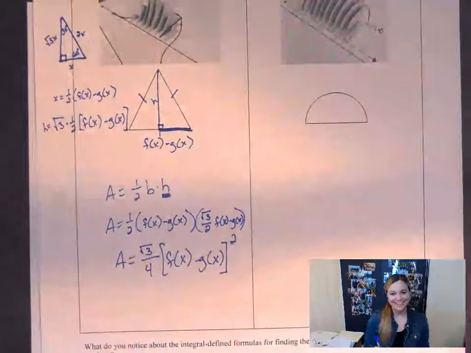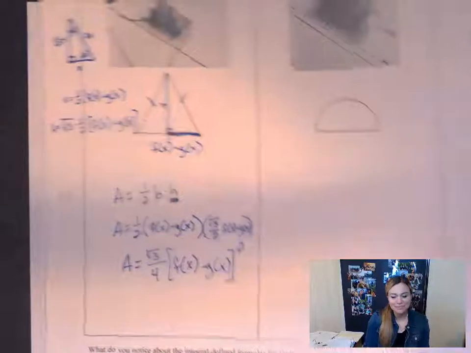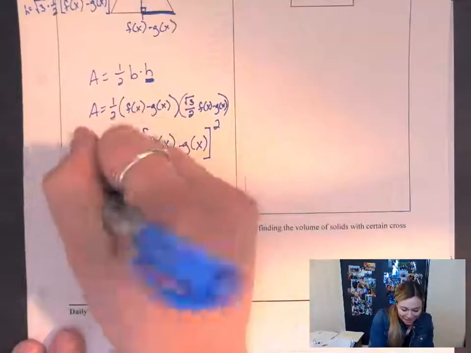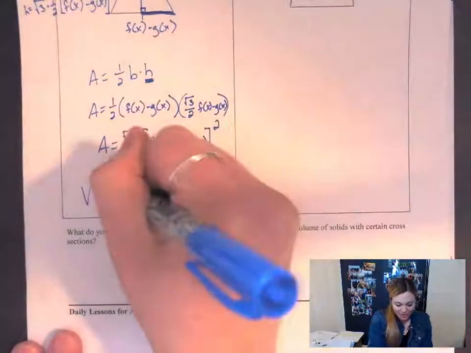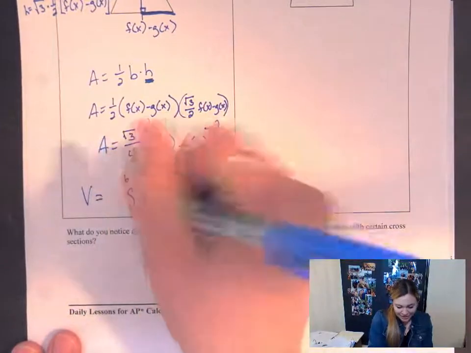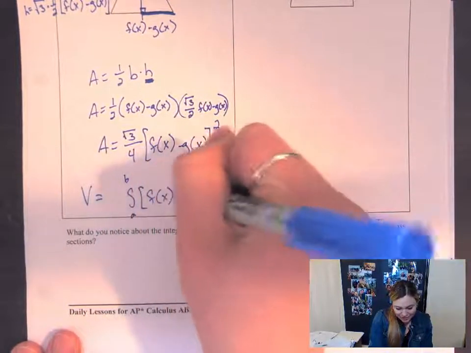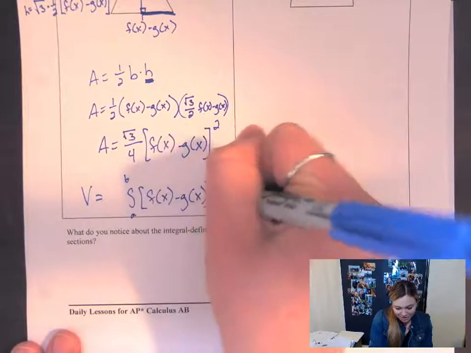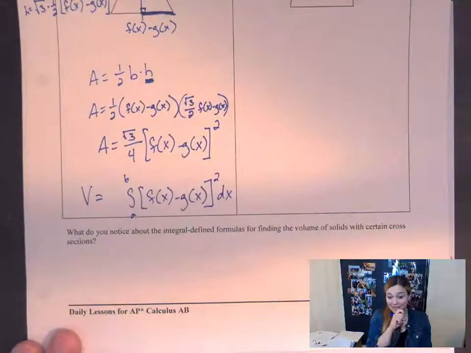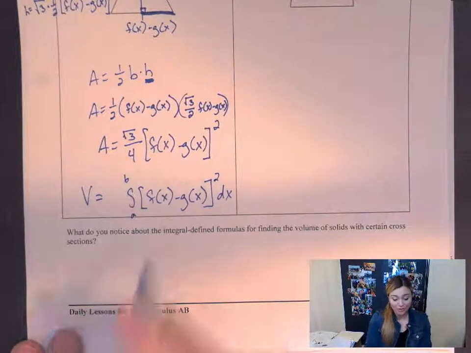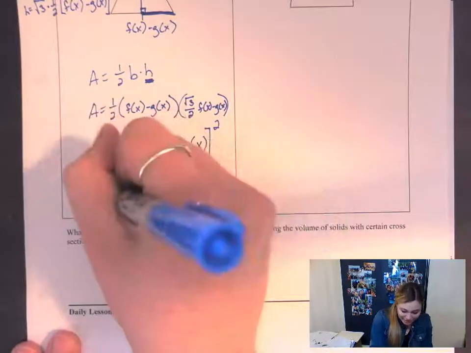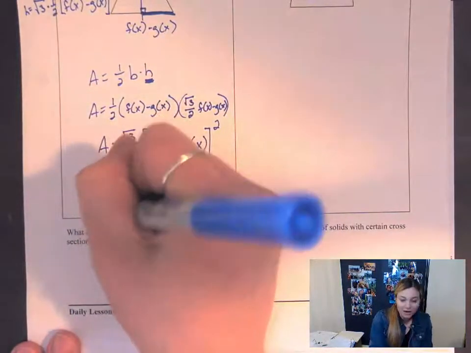Squared. Hey, it looks like the other ones, except when I do volume, instead of just doing the integral from a to b and then doing f of x minus g of x squared like I did for the square, or 1/2 like I did for the isosceles right triangle, that was the 1/2. Now I'm going to have square root of 3/4.